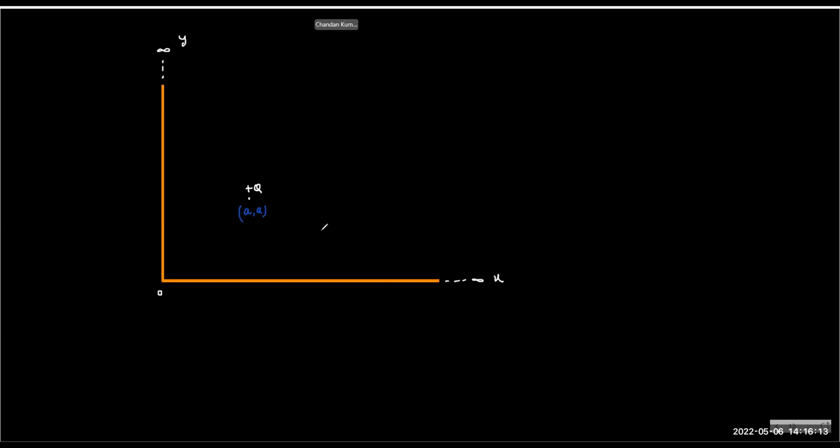If the coordinate of this charged particle is (a, a), then from the concept of optics, you will come to know that both will act as a mirror. The vertical mirror will form the image here, where? Minus a, a. Correct. So 3 images will be formed.